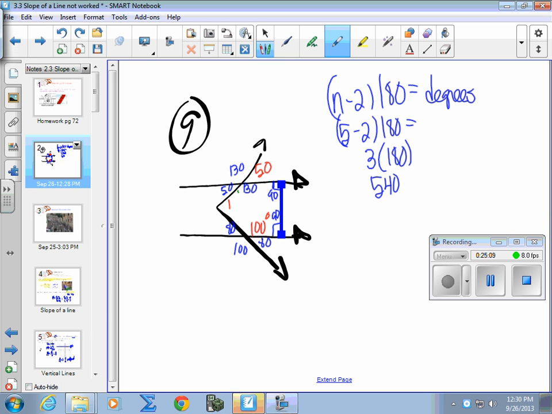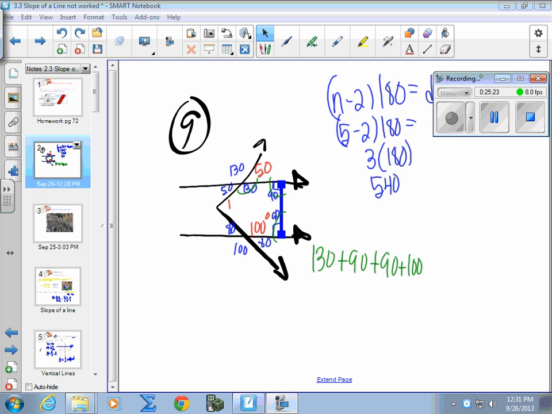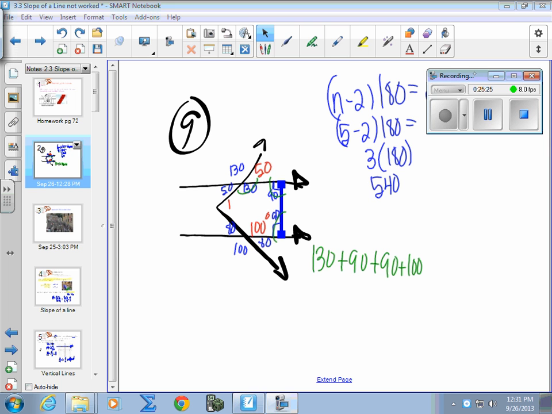So we want to take all the angles that we have. So we'll start with this one. That's 130. Then we got 90. Then we got 90 more. Then we have 100. And then we have angle 1. We don't know angle 1. That's what we're looking for. So I add angle 1. And then we know all of those add up to 540.